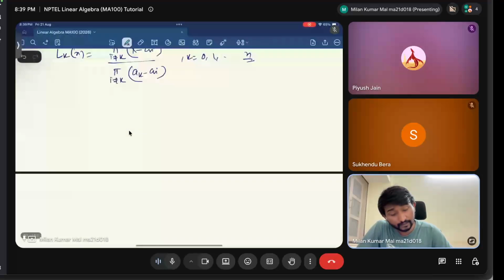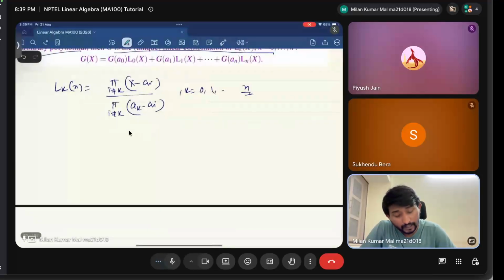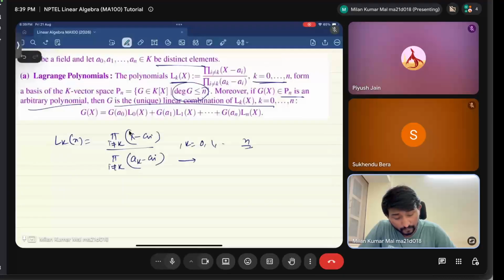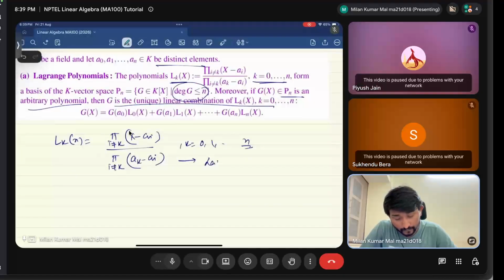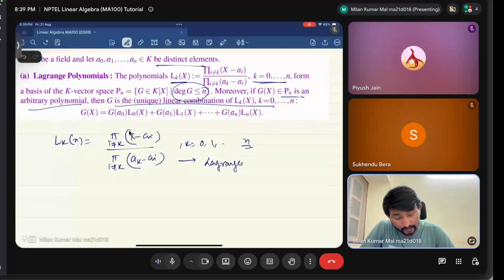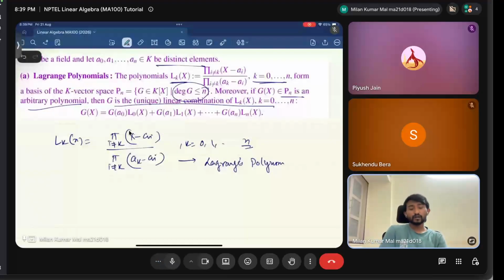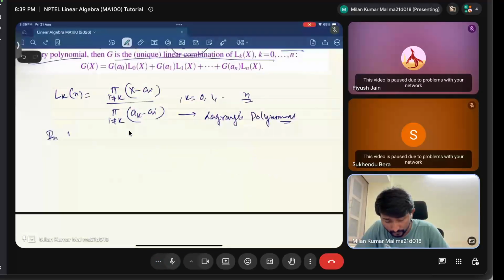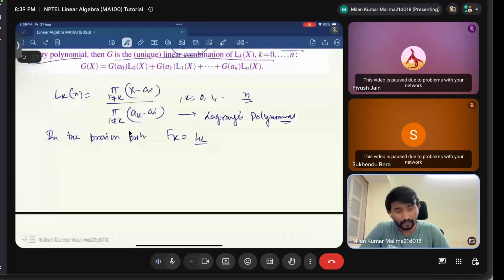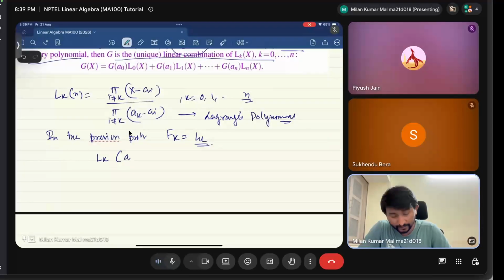These are very interesting and well known polynomials, called Lagrange's polynomials. Consider in the previous problem Fk equal to Lk. Then clearly, look at Lk at the point aj.